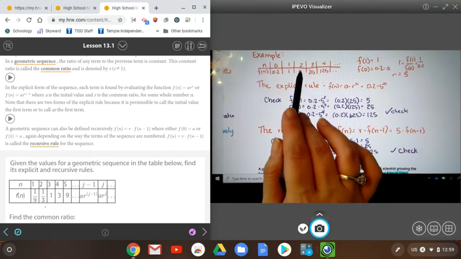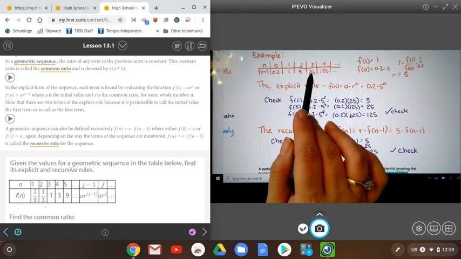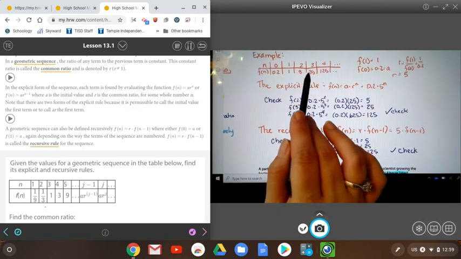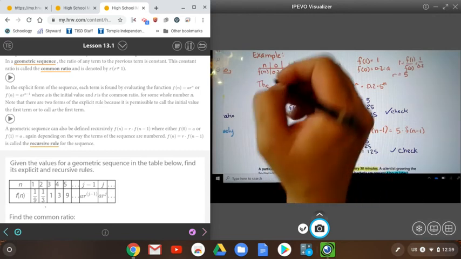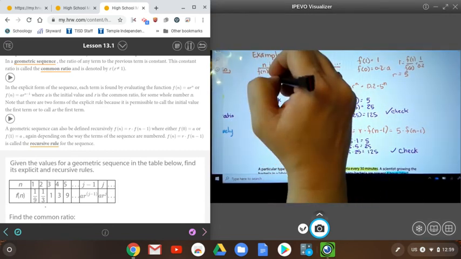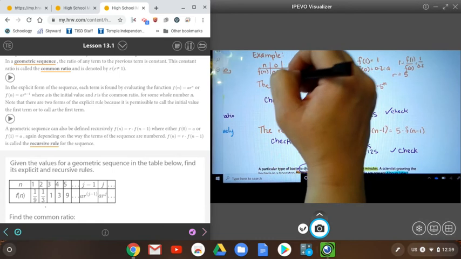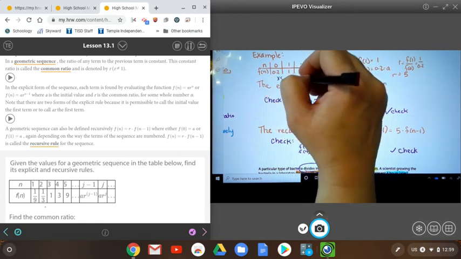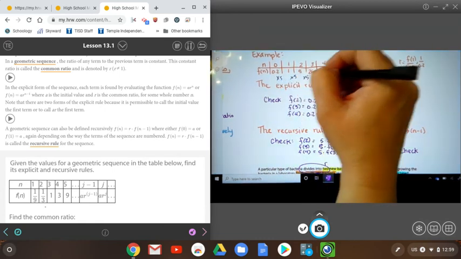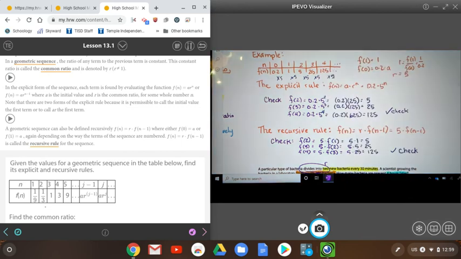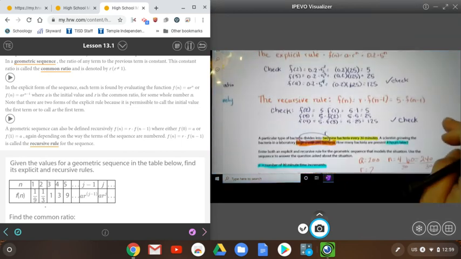Then we go to 3. 1 less than 3 is 2, so f of 2 is 5. 5 times 5 gives us 25. So quite literally, we're just taking the previous answer and multiplying each of them times 5. And that gives us our recursive rule. We can keep doing that forever and ever. All of those check out.